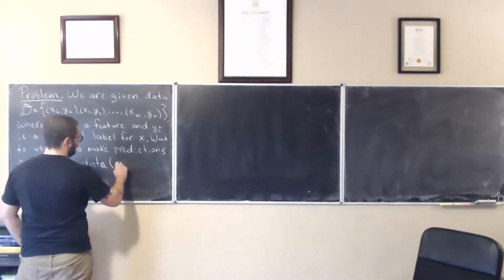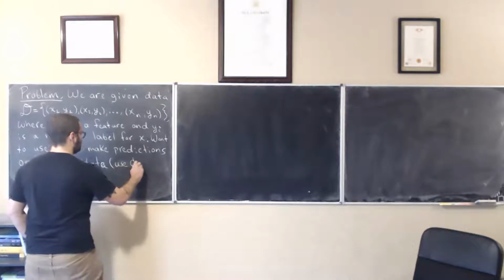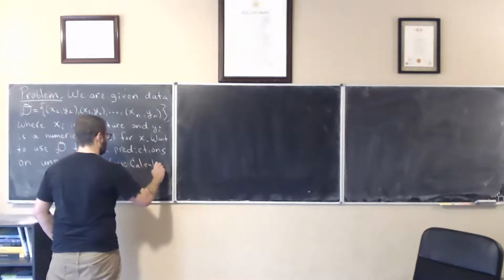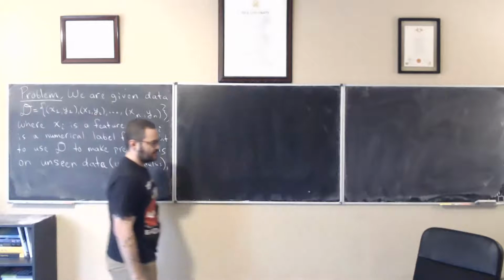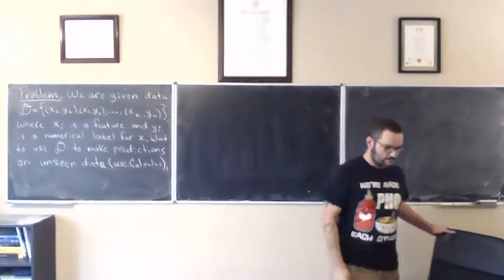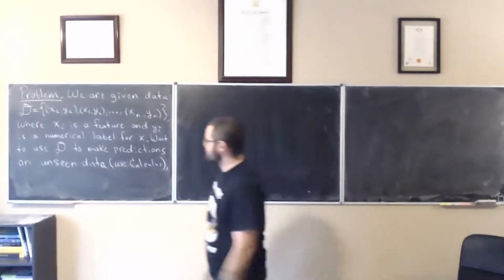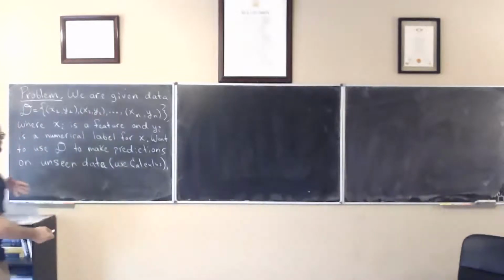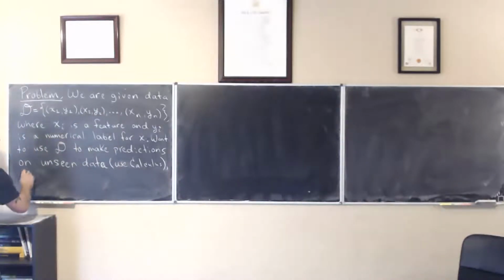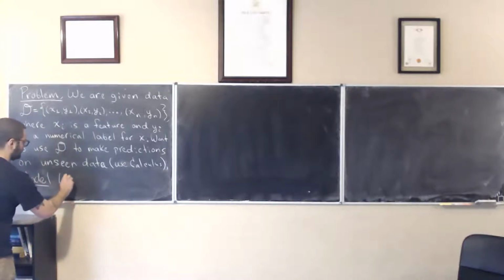And we're going to use calculus. Okay, so that's the general problem. Okay. And the model that we're going to choose to solve this problem, as we discussed last lecture, is called linear regression.